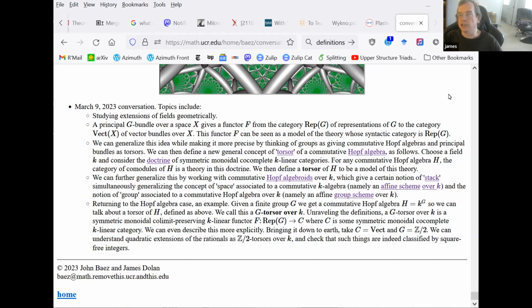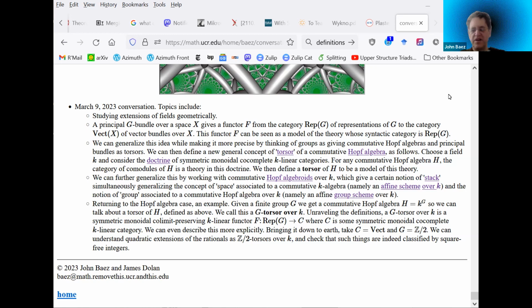Because you can just wrap it around, so grade 2 becomes grade 0 by virtue of the favorite isomorphism between grade 2 and grade 0. Am I saying that right? Sounds about right. So what's the upshot?